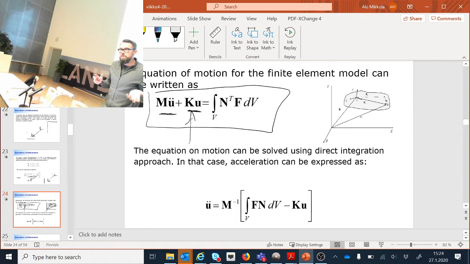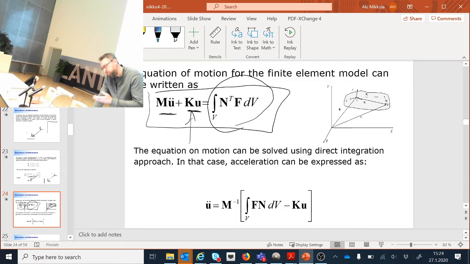Elastic forces. And then here I have my externally applied forces. Those are the forces that might cause a deformation. Of course, they could cause rigid body motion too. But generally speaking, they typically cause a deformation.